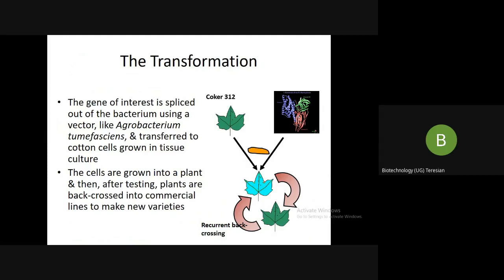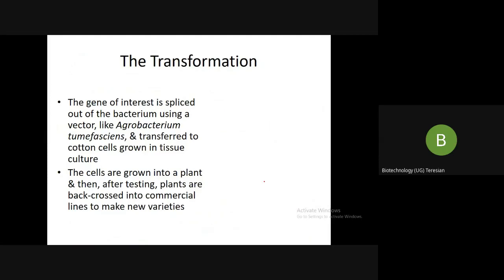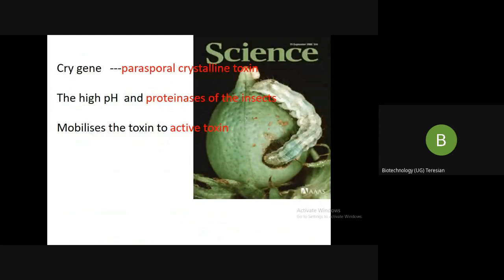So now what happens? Your cotton plant is transformed. Why? Because this cotton plant is having that cry gene of Bacillus thuringiensis. So you isolated this cry gene from the Bacillus thuringiensis, a bacteria, and then you added this gene into the agrobacterium.